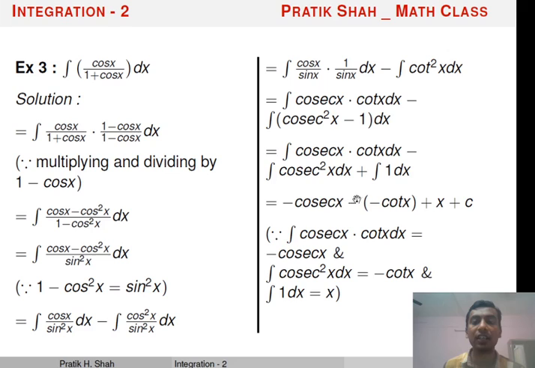Using the formulas of integration, this integration is equal to minus cosec x, integration of cosec square x is minus cot x, and integration of 1 is x. Finally, this minus minus can be converted into plus. So we get minus cosec x plus cot x plus x plus c. This is our final answer.